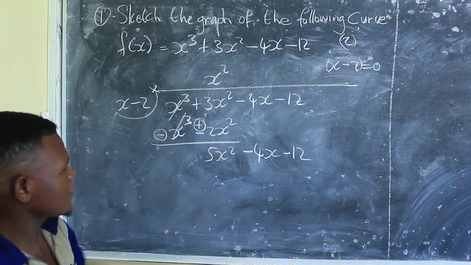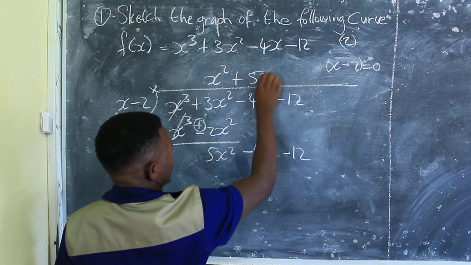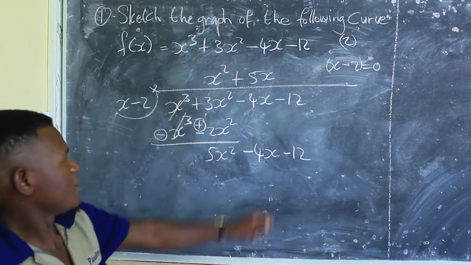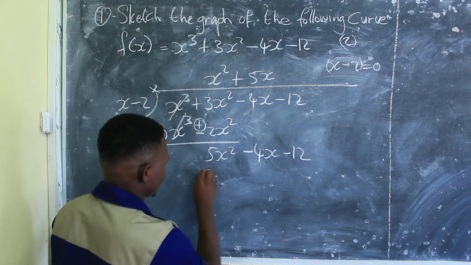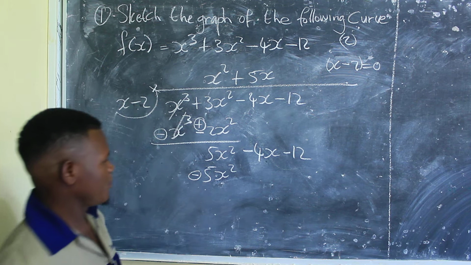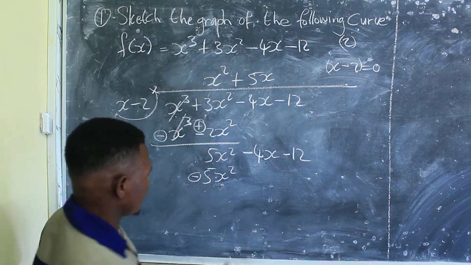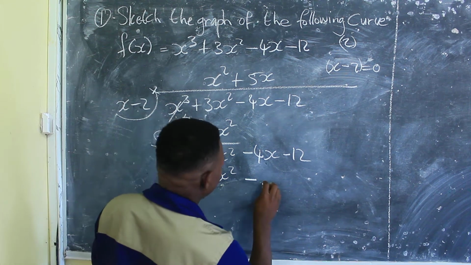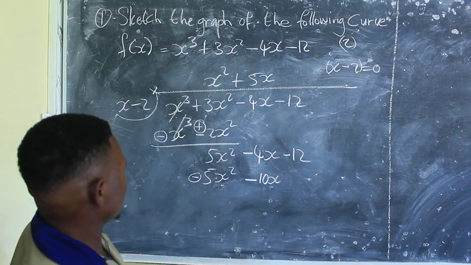x into 5x to the power 2, probably 5 times. Okay? Now 5x multiplied by x, you get 5x squared. Introduce a minus. -2 multiplied by +5, you find is -10x.